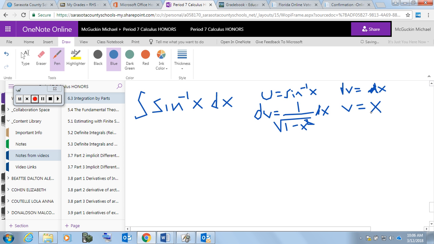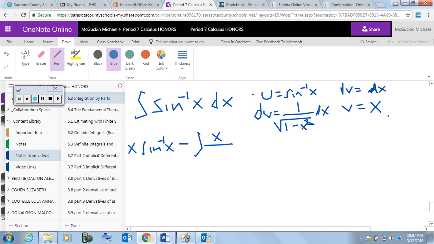So now we have u and v, and du and dv, and let's throw it into our substitution. We have u times v, so x times the sine inverse of x, minus the integral of v times du.